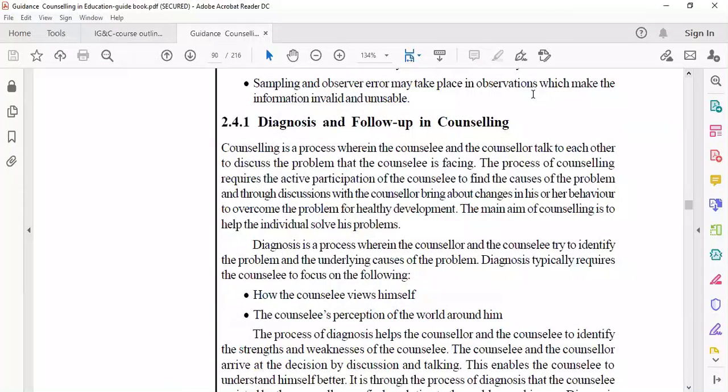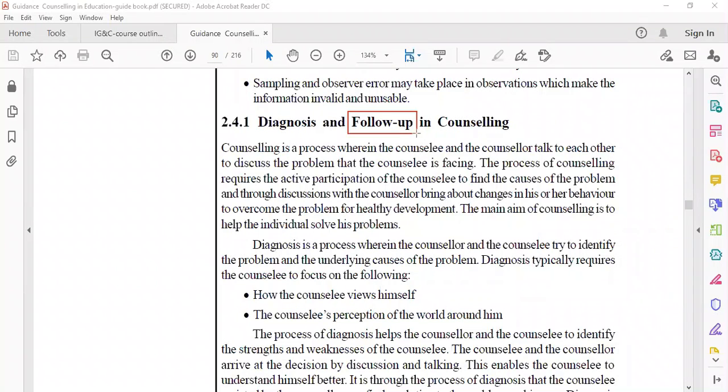Similarly, one more practice that is a common component of all data collection is follow-up. Either we are collecting data through testing, or we are collecting data through non-testing tools. Likewise, either we are collecting qualitative data or quantitative data.